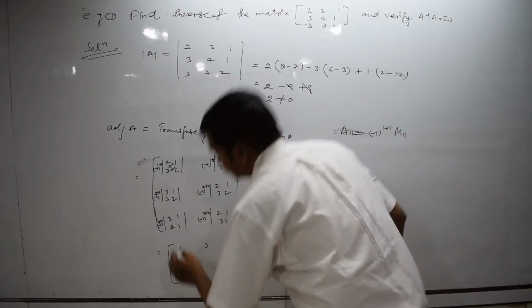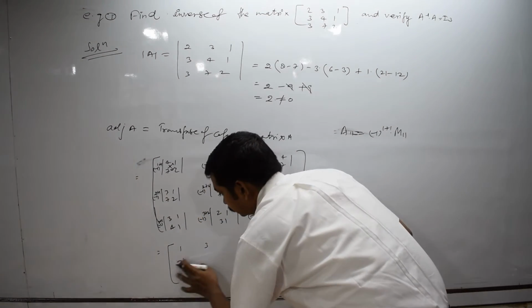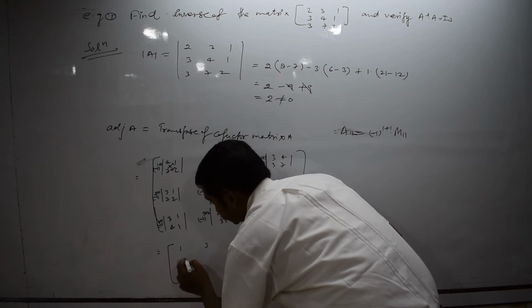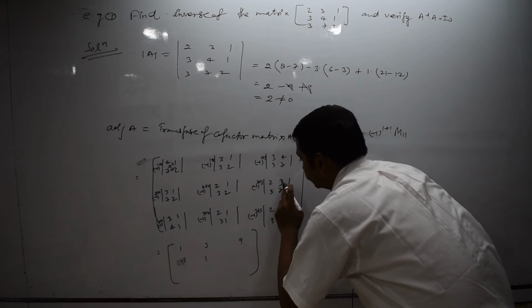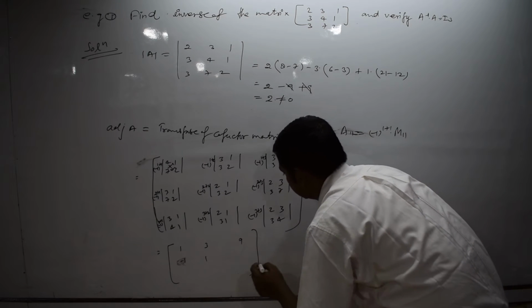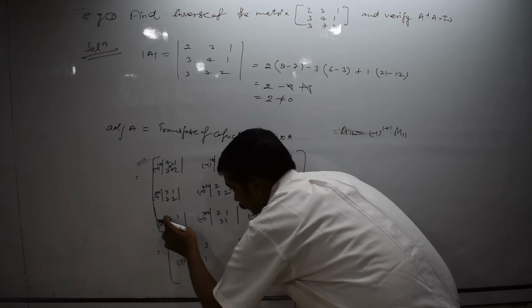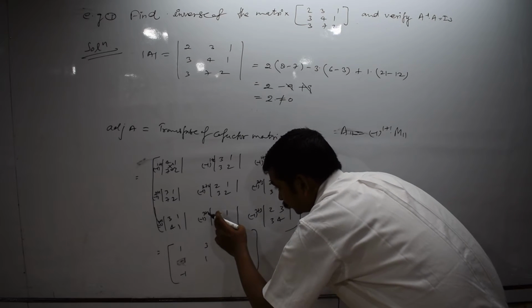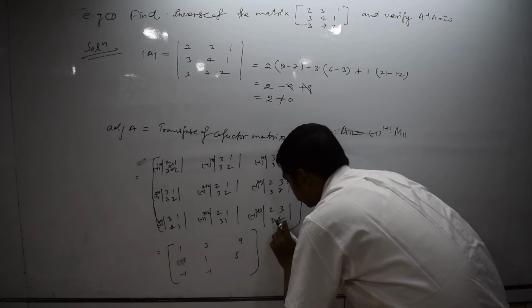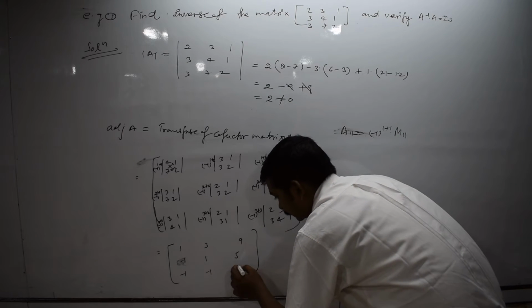Now, 6 minus 7 equals minus 1, and this will be 4 minus 3, 1. Here will be 14 minus 9, this will be 5. Here will be 3 minus 4 equals minus 1. Here will be 2 minus 3, minus 1, here will be 8 minus 9, minus 1.